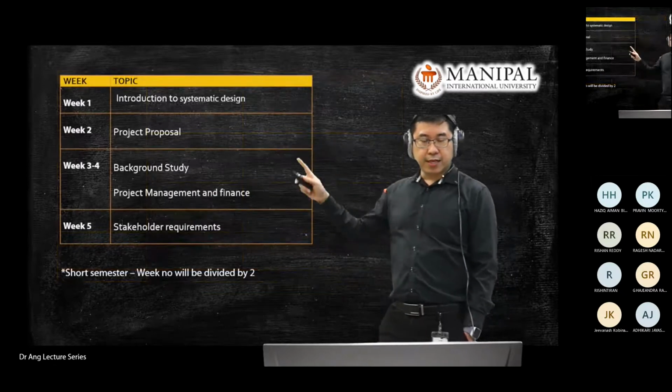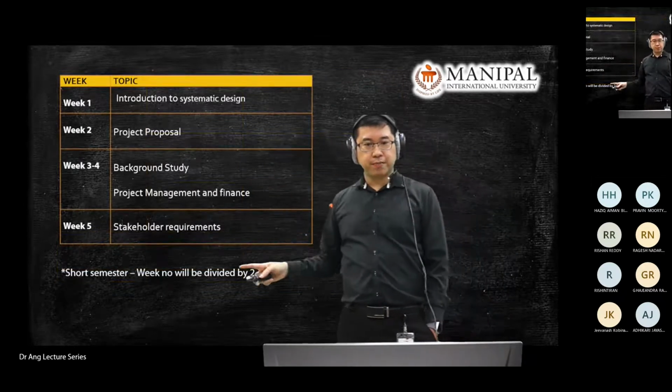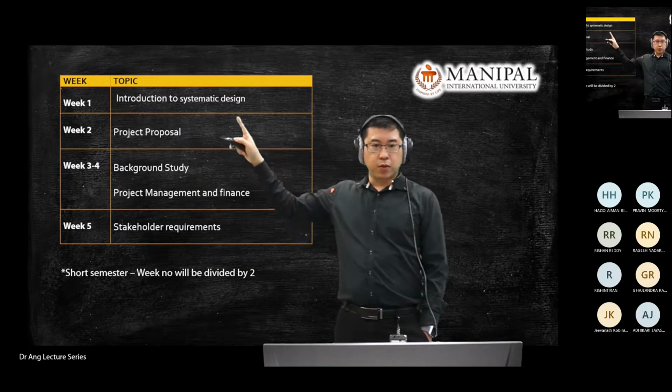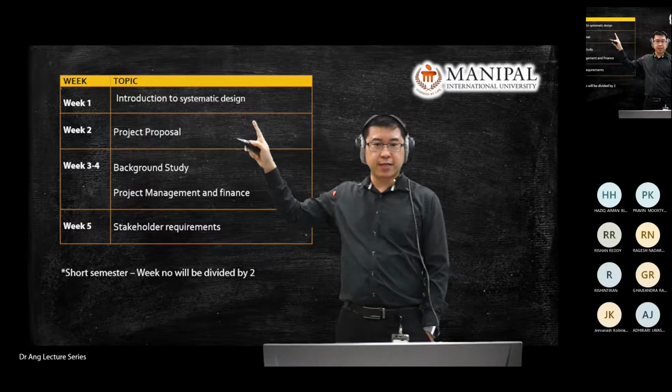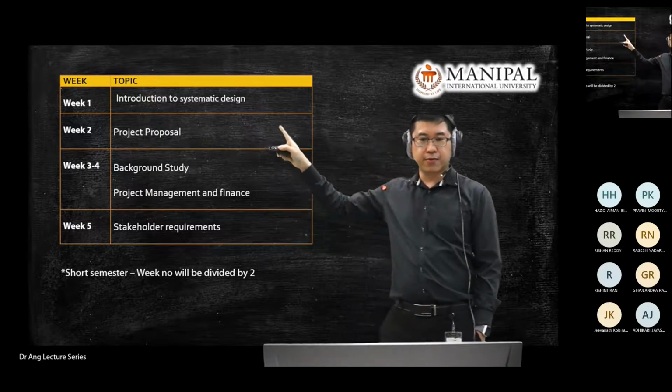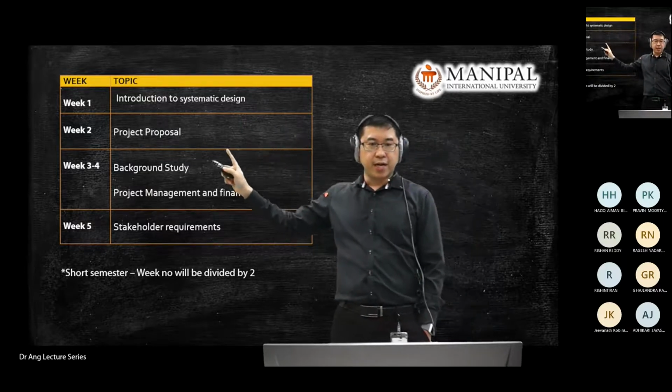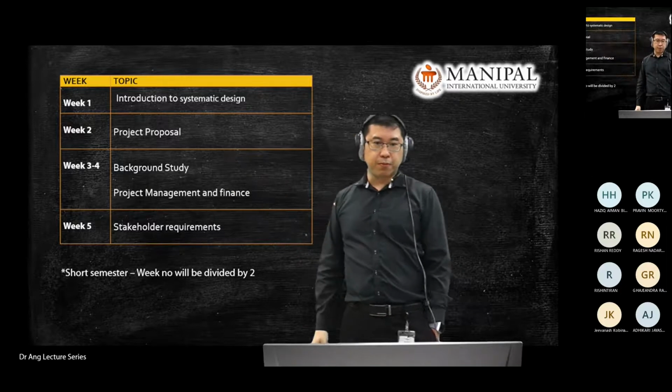These are the estimated schedule. We will show you what a systematic design process is. Again, we start with the process, followed by the project proposal.